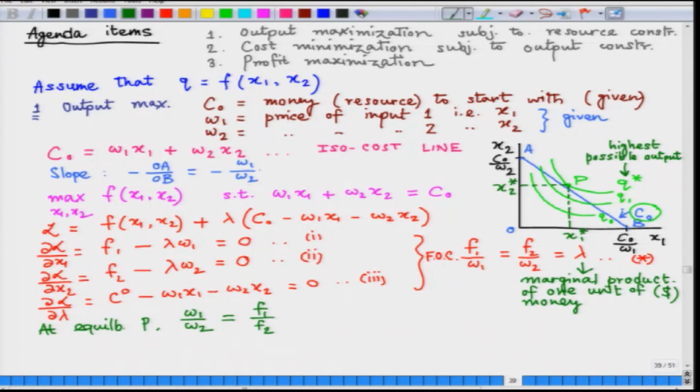So, we basically get back the same expression from the graph. We get the same condition from the graphical analysis as we have seen in the case of Lagrange, which is given by this single asterisk expression.